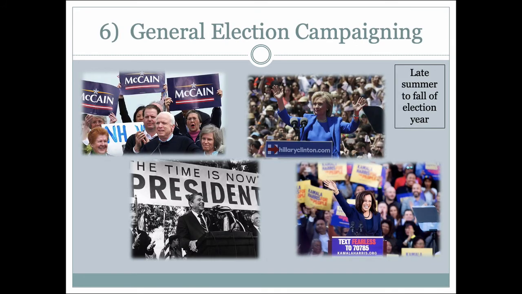So late summer through fall of the election year, that's when we are in the general election campaign. This is when we've essentially taken all the Democrats and narrowed it down to one, taken all the Republicans, narrowed it down to one. And again, those two major political party candidates start going at it head to head.